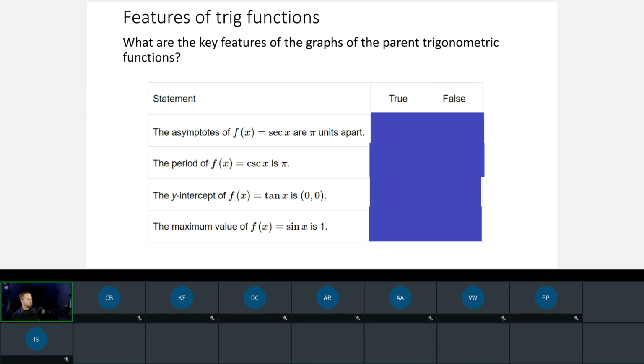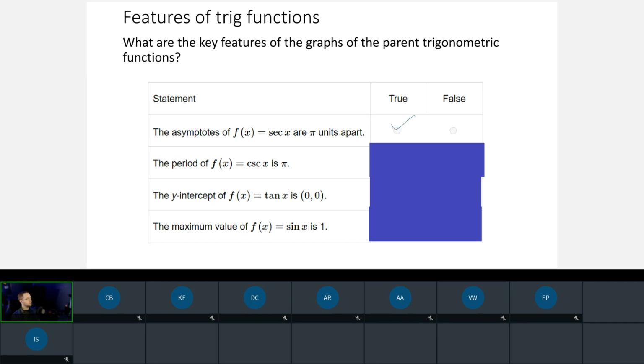Next one. We got true or falses. So what are the key features of the graphs of the parent trig functions? First statement says the asymptotes of f of x equals secant of x are pi units apart. Is that true or false?